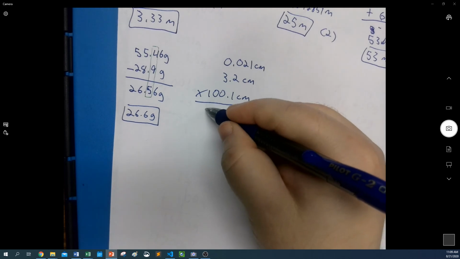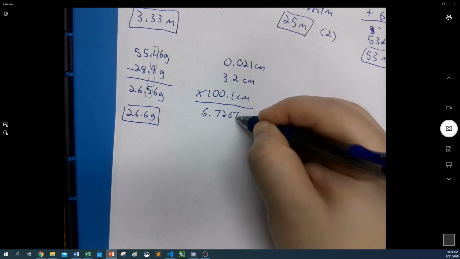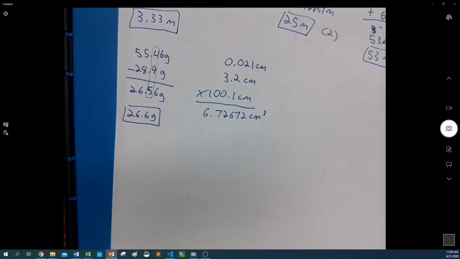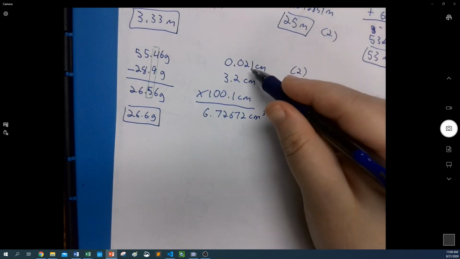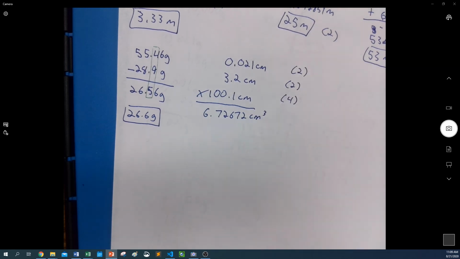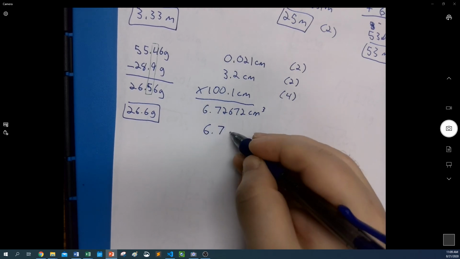You would get an answer of 6.72672 cubic centimeters. And for multiplication, we count significant digits. That has 2, this has 2, that has 4. So we would write our answer with only 2 significant digits.